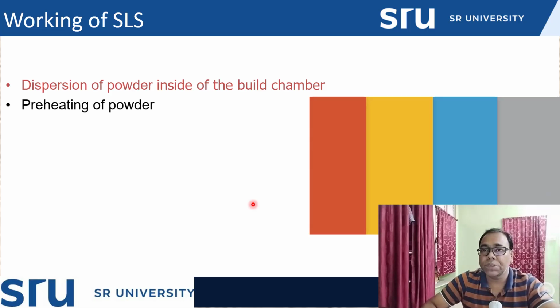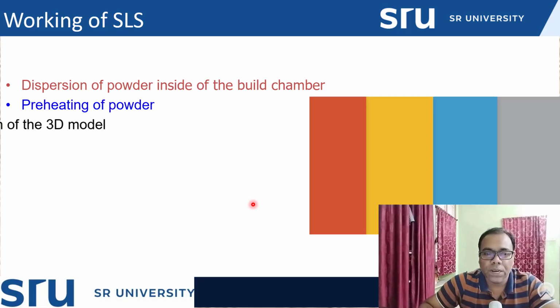Similarly, some of the powder may have moisture content, which has to be removed, so that during actual printing the heat energy supplied will be uniformly distributed to each powder particle. So each particle will start partial melting and fusion will take place for all those particles.